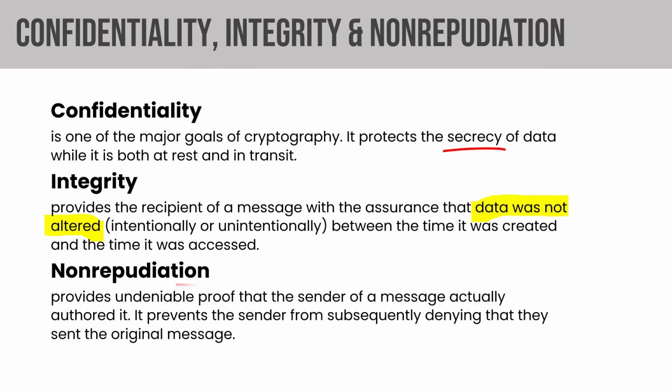And non-repudiation gives us undeniable proof that the sender of a message is the one who actually authored it. It basically prevents the sender from subsequently denying that they sent the original message, which is fantastic in certain circumstances.